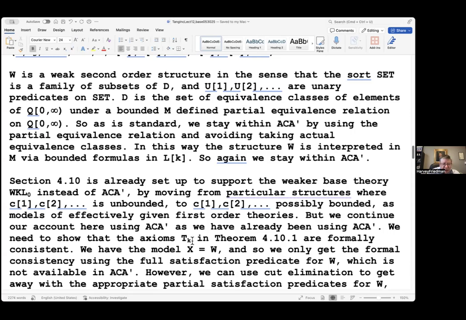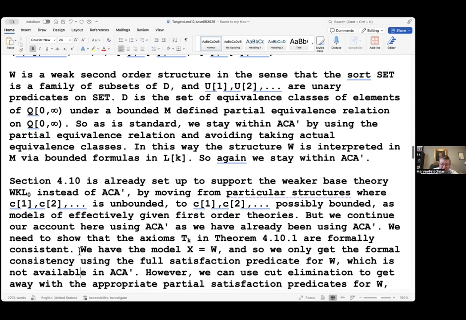We need to show that the axioms T sub k in theorem 4.10.1 are formally consistent in order for us to build a model within WKL naught. We have the model X equals W, and so we only get the formal consistency using the full satisfaction predicate for W, which is not available in ACA prime. In other words, this problem of satisfiability implying consistency is always a problem.